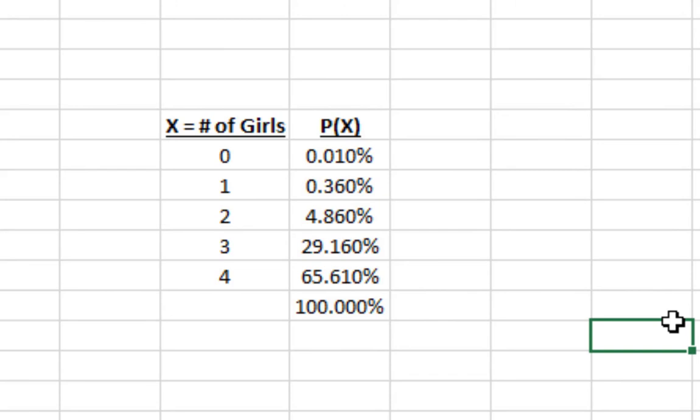Now, looking at that distribution, you can see there's quite a bit told to you by these percentages that are in there. For example, roughly 2/3 of the time, you're going to get all girls. Everything else is going to be at least one boy somewhere. But look at the probabilities.